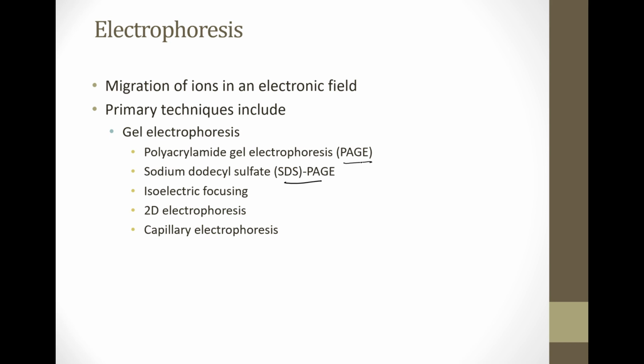Modifications to this technique also include isoelectric focusing, which we'll talk about in a second, and two-dimensional electrophoresis, which combines isoelectric focusing with standard SDS-PAGE. There's also capillary variants, which are true to my heart, but that's in the spectrum of techniques not as widely utilized.